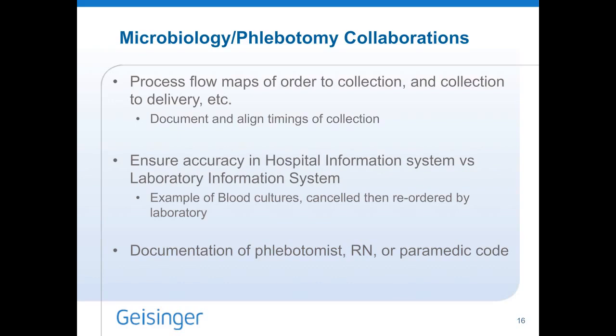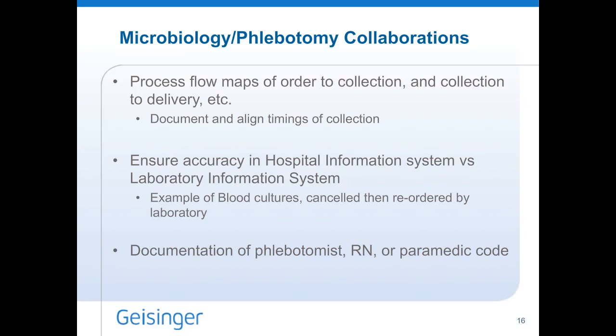So this is just one example. When we looked at the timing of blood culture collection in relationship to antimicrobial administration, we found that we had several that seemed out of range, kind of outliers. And when we investigated these, we learned that the blood cultures, for some reason, were ordered incorrectly or never released properly into the laboratory system.